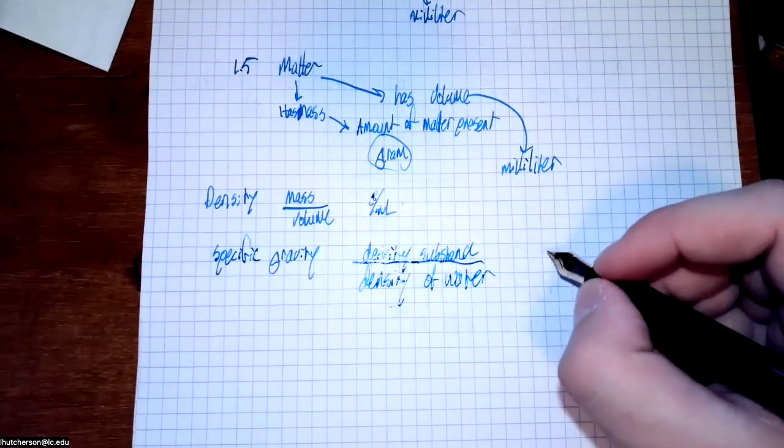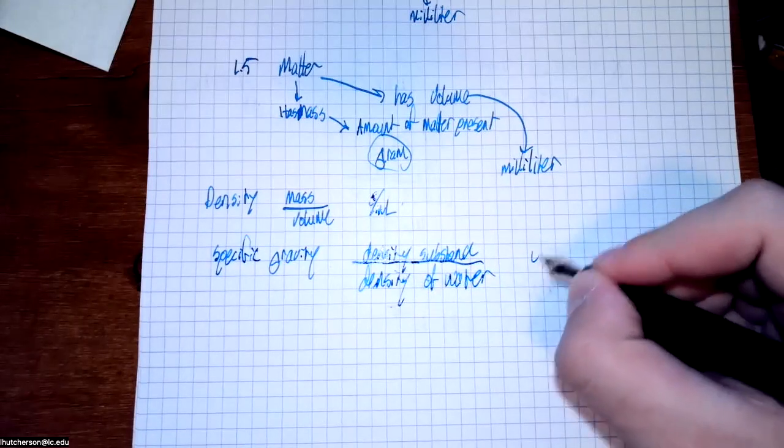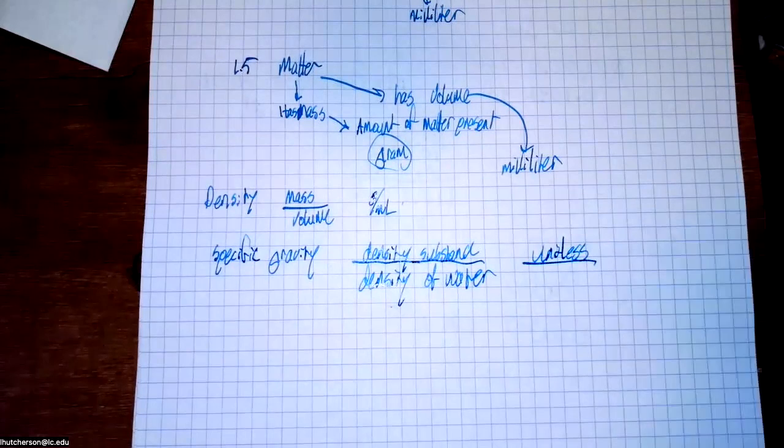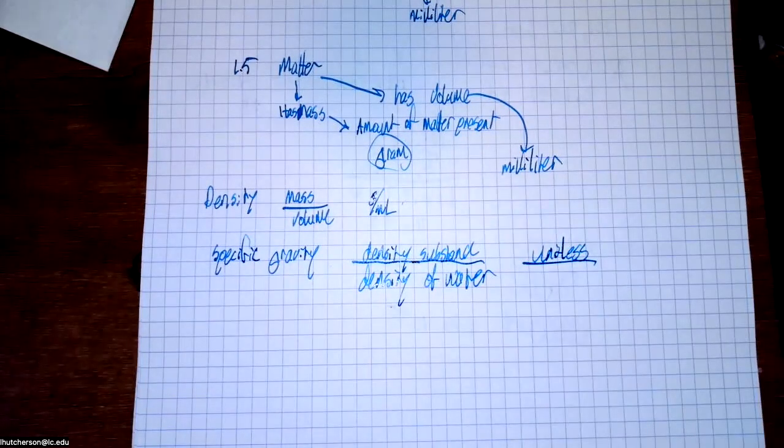Now, the beauty of using specific gravity is that it is unitless. So it doesn't really matter what units we're using for density when we calculate a specific gravity. As long as we're using the same thing, we're going to end up with the same answer.